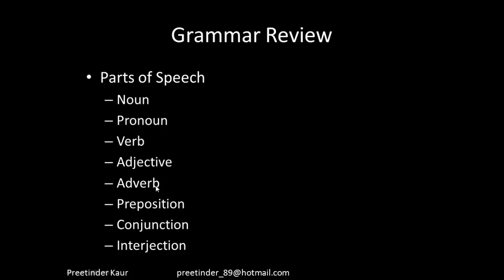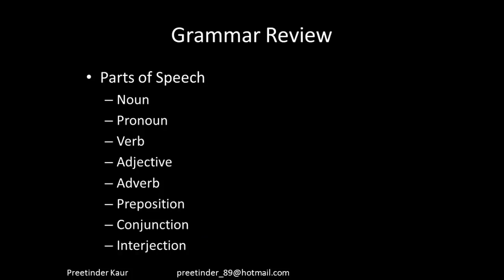So the words like very, lovingly, hatefully, intelligently, quickly, all of these words are the adverbs. Next, let's come to the prepositions. These are basically linking words that join these different parts of speech. For example, in, at, on, among, between. Now all these are the conjunctions.